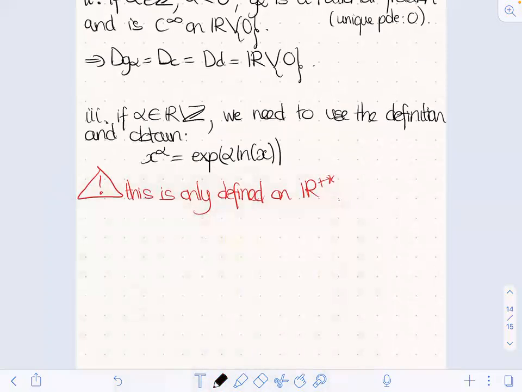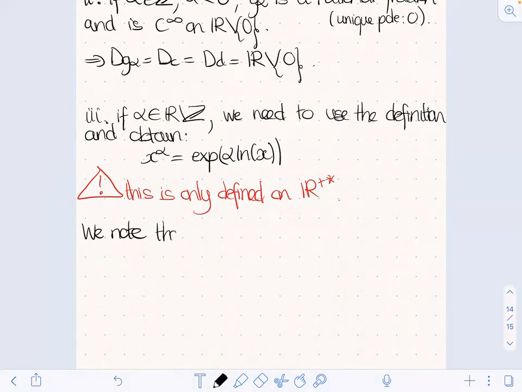Okay, but what we now want to do is find out where the function is also continuous and differentiable. To do this, we can note that we're basically doing a composition of two functions. We've got the exponential function, and we apply it to the logarithm function.